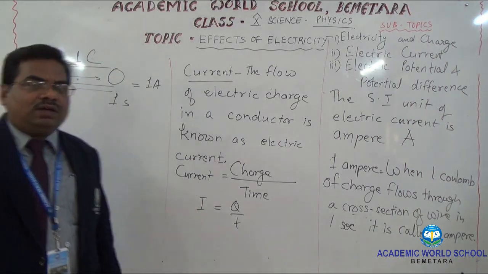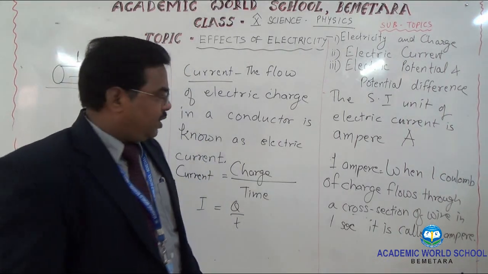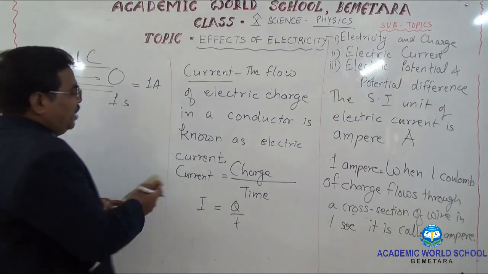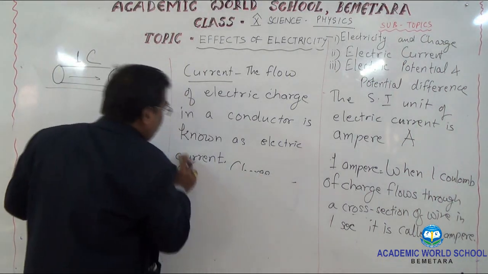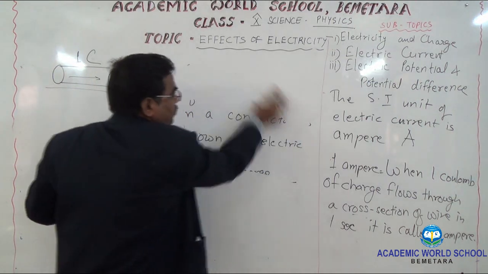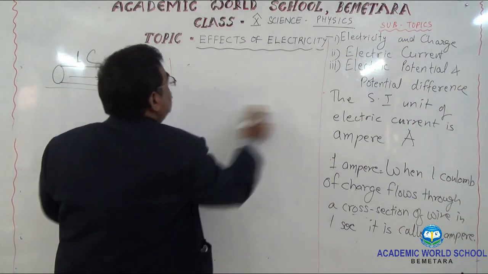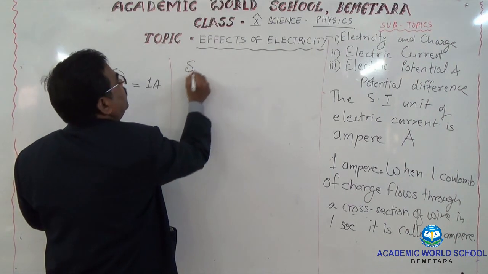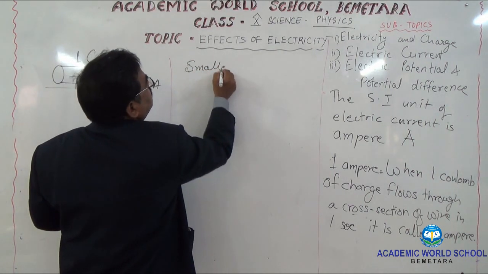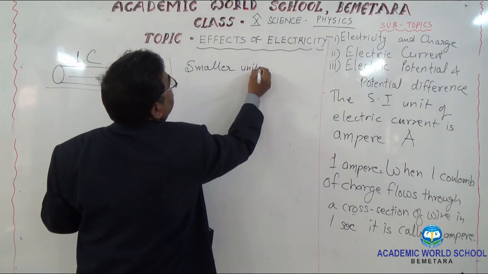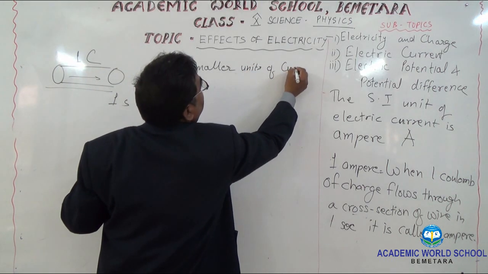There are some smaller units of ampere. They are milliampere and microampere. So let's learn the smaller units of current also.